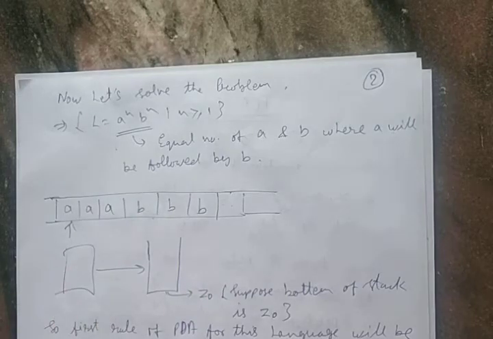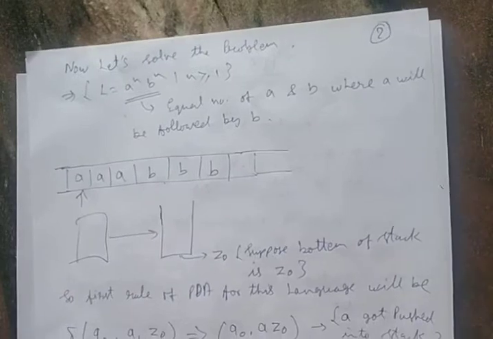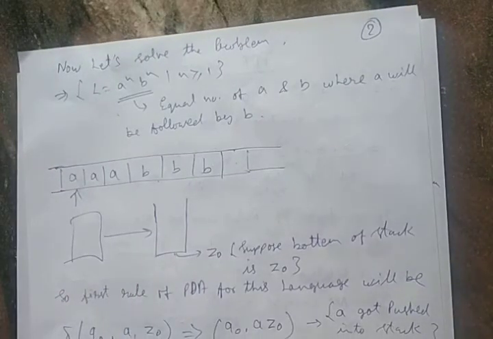So how will this string get processed in this particular PDA? First of all, I am going to show you how this string gets processed, and then we will move on to how to design proper rules for this language with respect to pushdown automata.